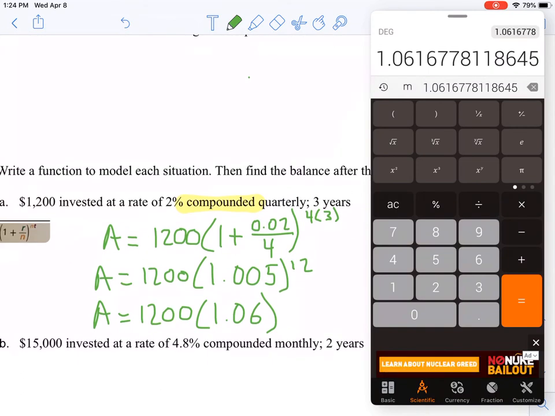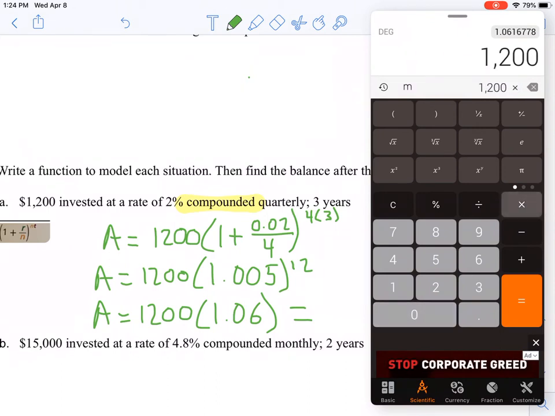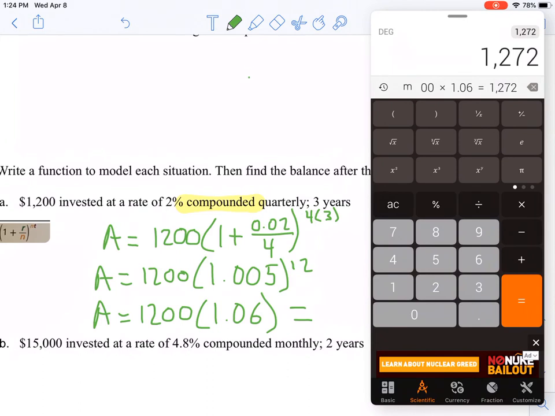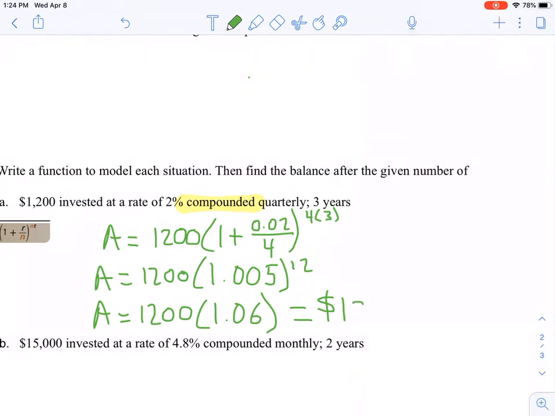Okay, and so 1,200 times 1.06 is equal to $1,272. So you can see that we made $72 in interest in just 3 years, and our interest rate was only 2%.